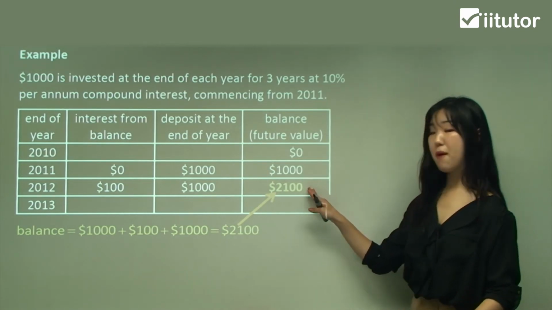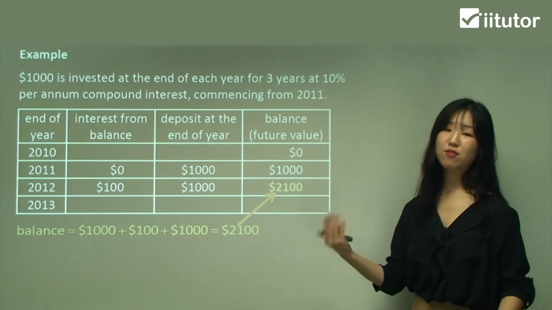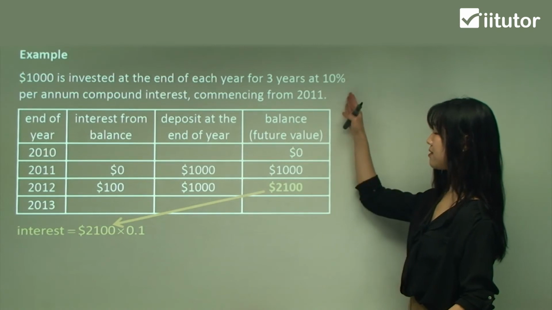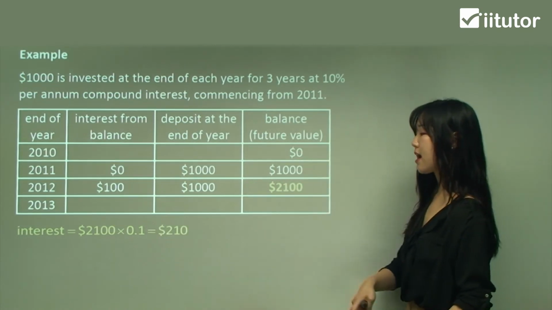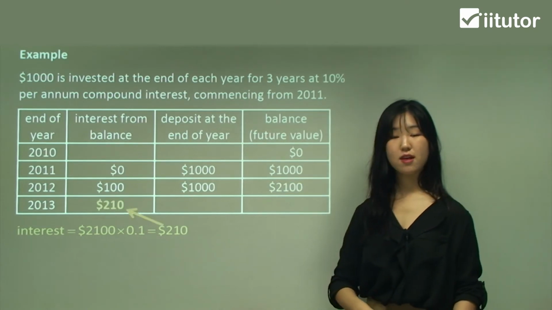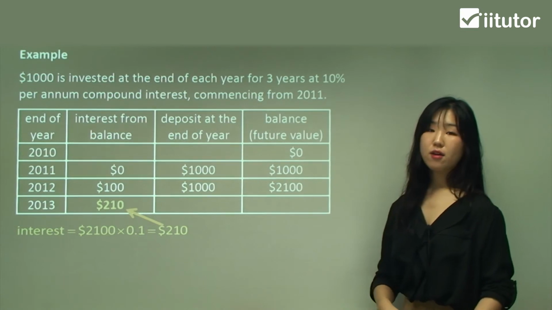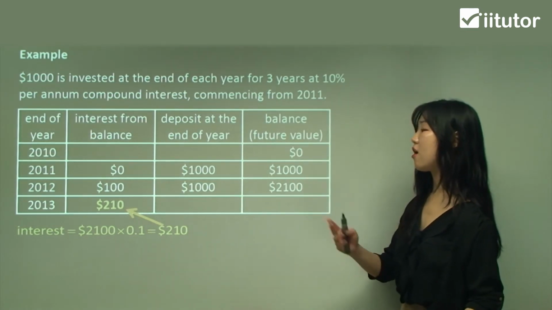Now, because that's our balance at the end of 2012, in the beginning of 2013, we have to add some interest. So let's calculate the interest by this time multiplying the 10% by the balance left from 2012 and calculate it. That's our interest. That's how much interest we get at the beginning of 2013. Now, it's come to the end of year 2013, we have to make another investment of $1,000.